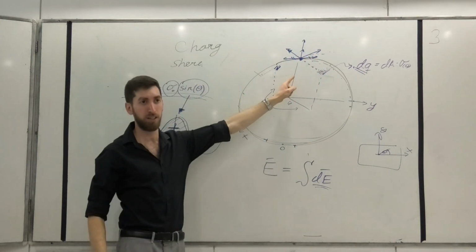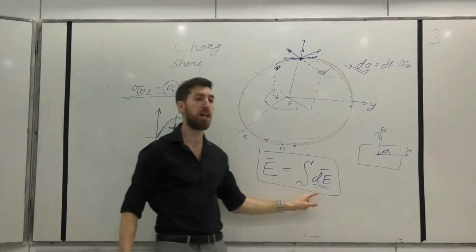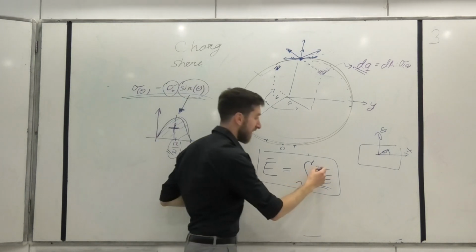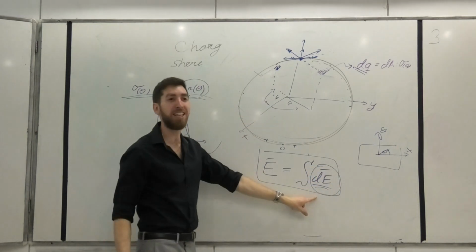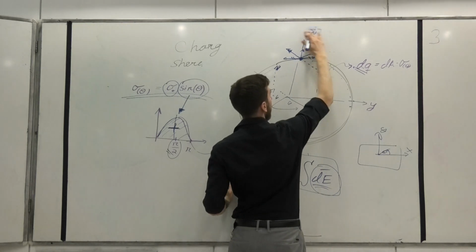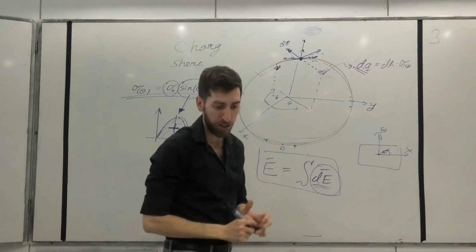You see it? So the main goal was to understand how the electric field behaves at that point. And what we actually revealed is that the electric field is not dE, it's not this one only. This is dE. It's just a different color.